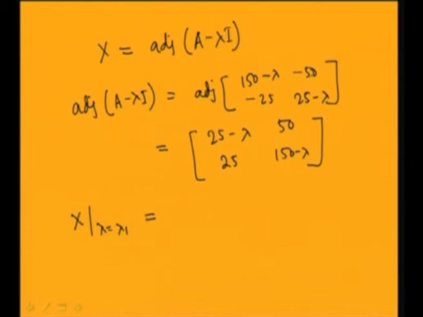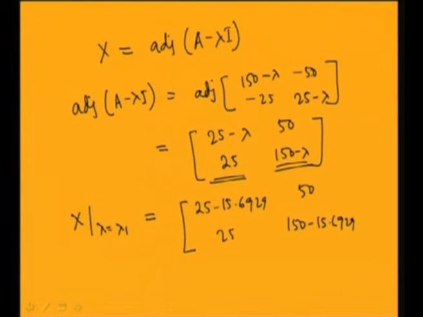So, you just note that whether you take the first column or the second column, the normalized value will be the same. Now, to verify that, you substitute lambda equal to lambda 1. You can find that the first column becomes 25 minus 15.6929, this is 25, and this is 50, and 150 minus 15.6929.